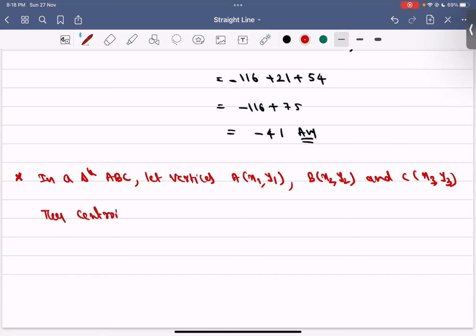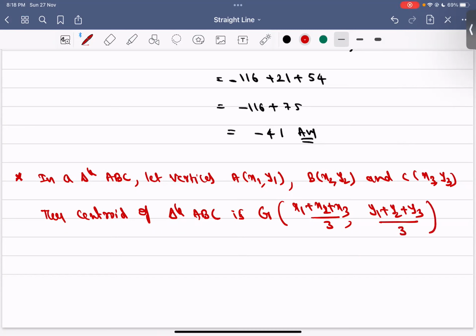the centroid of triangle ABC, G being the notation for the centroid, as we have already seen, is (x1 plus x2 plus x3 by 3, comma, y1 plus y2 plus y3 by 3).